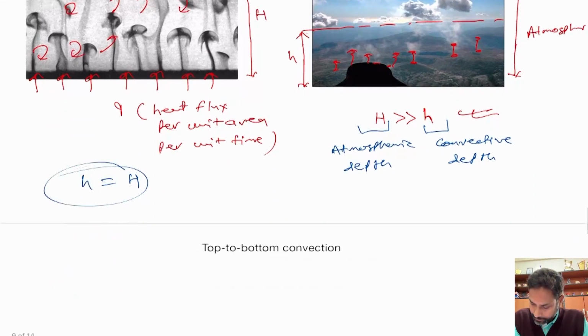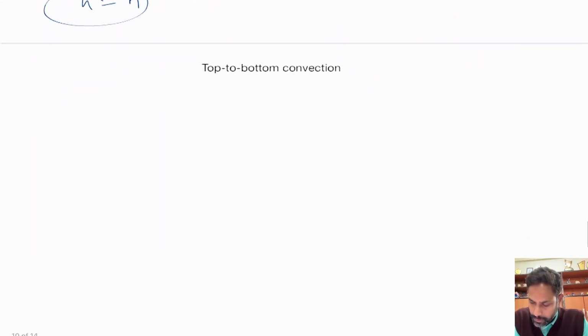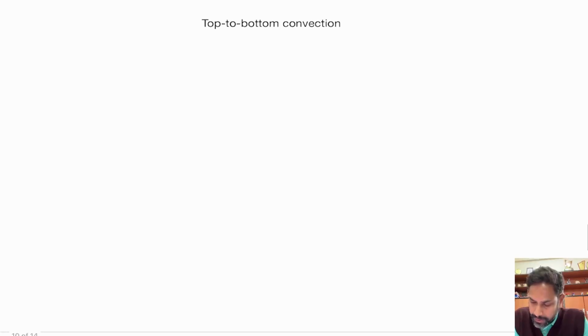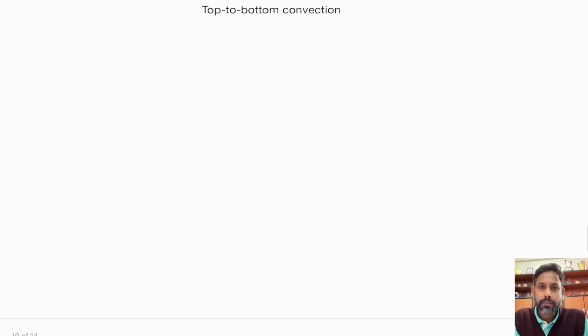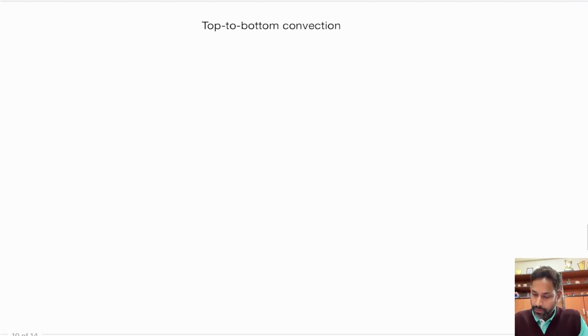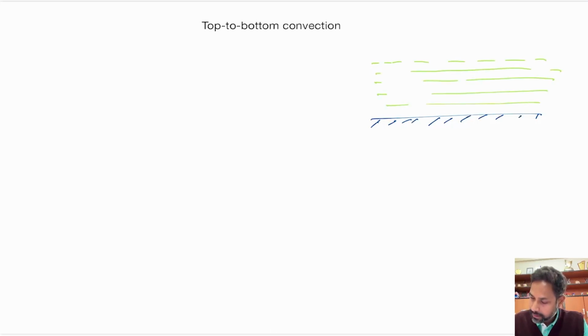Okay, so let's start with top to bottom convection, and this is much simpler to analyze because we are dealing with the complete layer of fluid, and we will then go to the more interesting case of penetrative convection. Okay, so in this case, let's assume that we have a solid boundary and we have a fluid layer, right?